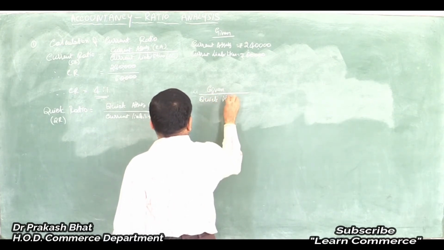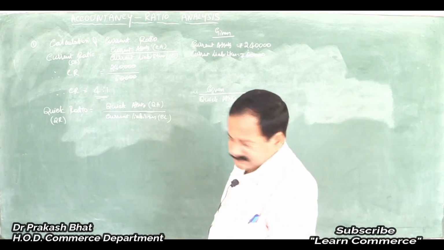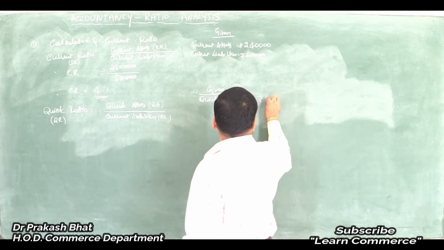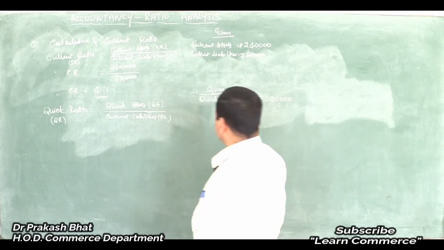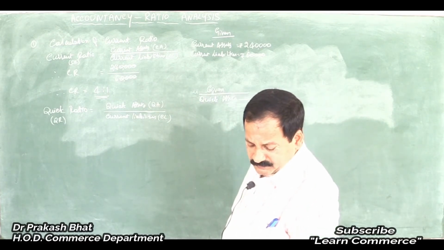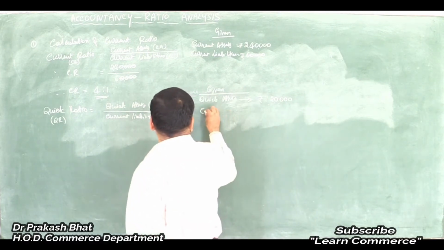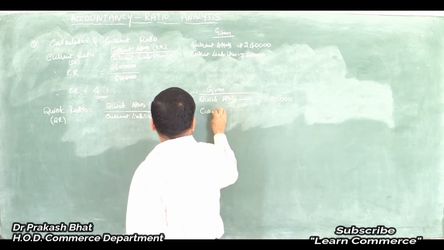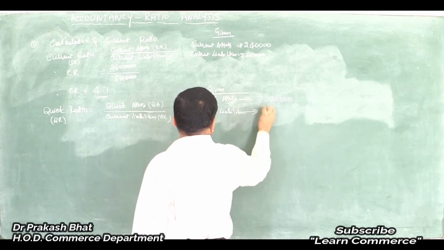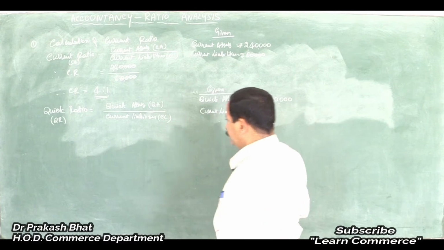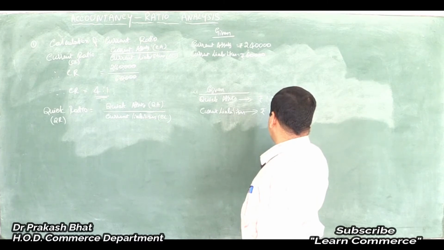Quick assets given in the problem. How much? Quick assets 1,20,000 rupees. Writing rupees is very important. Wherever rupees are required, you must write it. Then current liability is already given in the problem, isn't it? Current liability, rupees how much? Already we have shown here 60,000, am I correct?